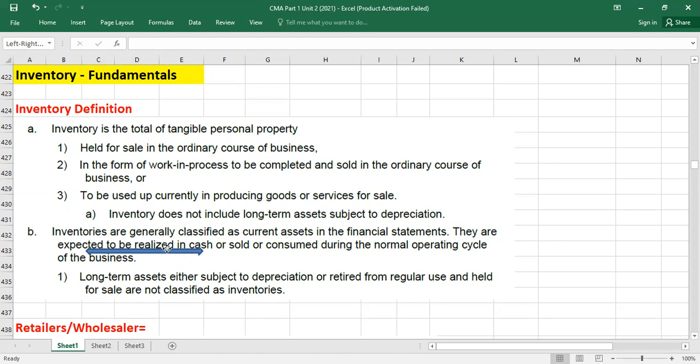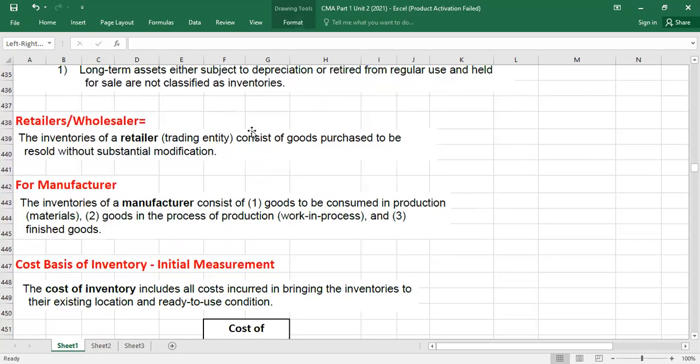Okay, so now we are going to talk about the retailer and the wholesaler. Guys, retailers or wholesalers are those businesses who buy the product at a lower price and of course sell it at higher prices without further modification.